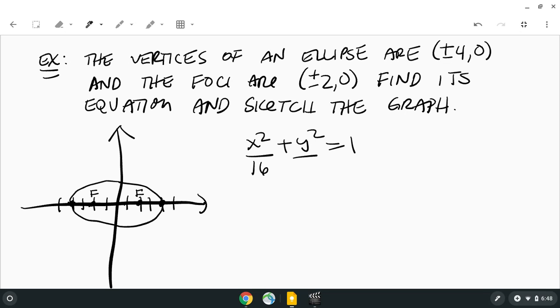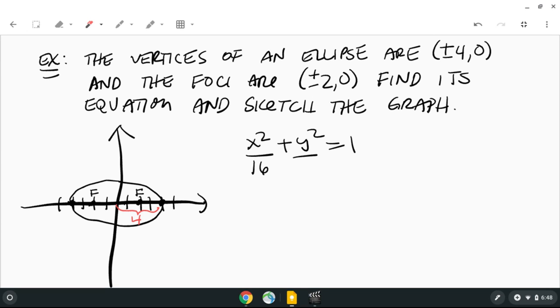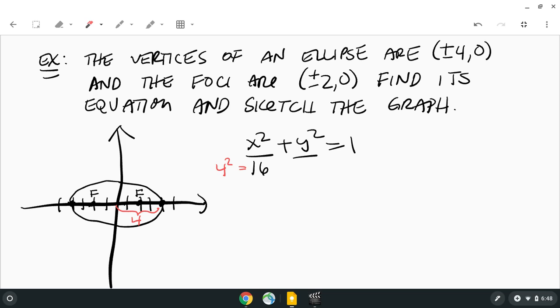Okay, because it's here. Let me get a different color. This is 4. So this here, I got it from doing 4 squared. The distance for the focus, this is 2.